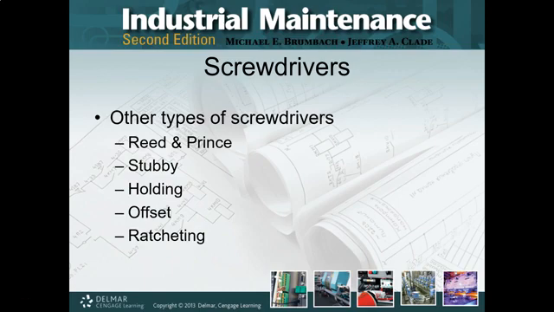So if you've got a spot that's really, really tight, and you cannot even get a stubby screwdriver in, an offset screwdriver is probably going to be your ticket. And it's usually a screwdriver. It looks like it's kind of been through a wringer.